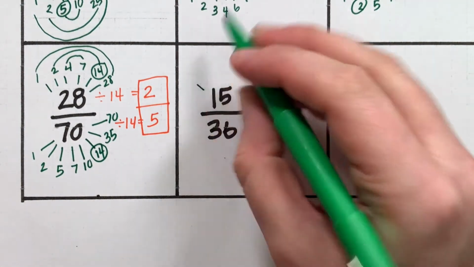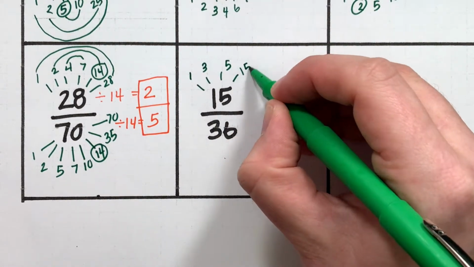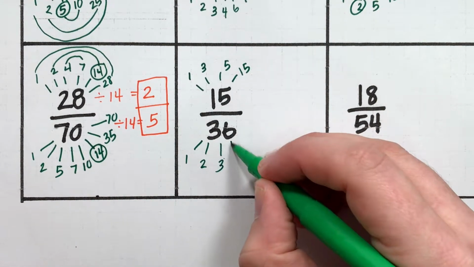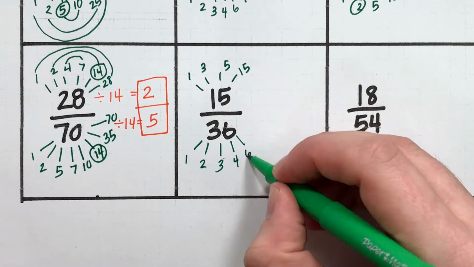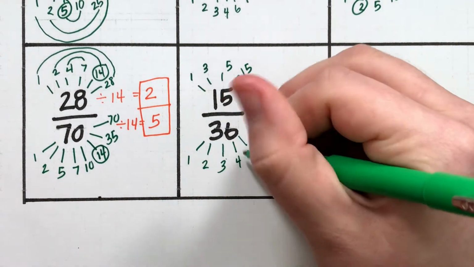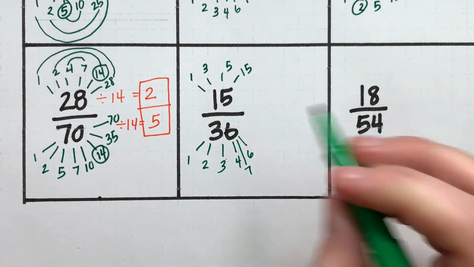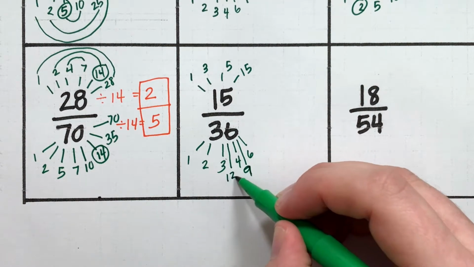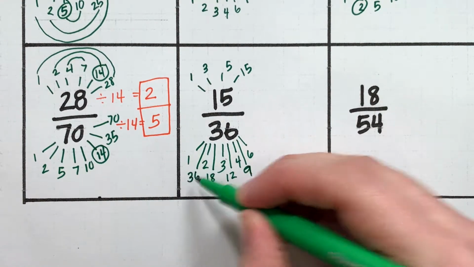All right, so 15, factors of 15 are 1, 3, 5, 15. For 36, we have 1, 2, 3, 4, 6, and then 6 times 6 is 36, so then I know I can start going backwards here. 4 times 9, I'm sorry, gives me 36. 3 times 12 gives me 36. 2 times 18, and 1 times 36.